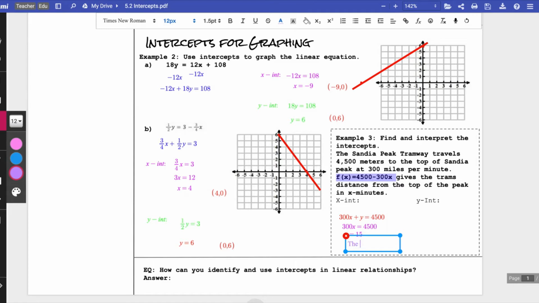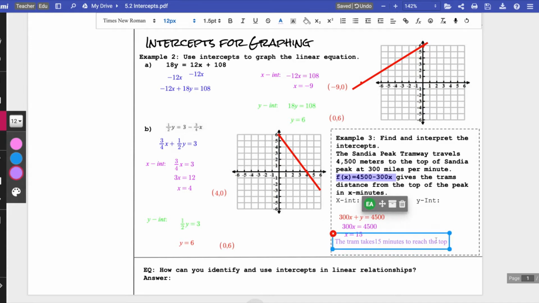So the tram takes 15 minutes to reach the top. Because remember, if it's 15 minutes away and it's on the ground, then it should take only 15 minutes to reach the top.